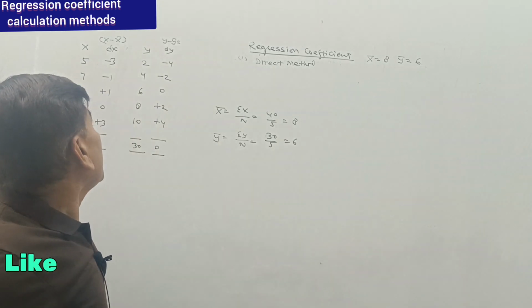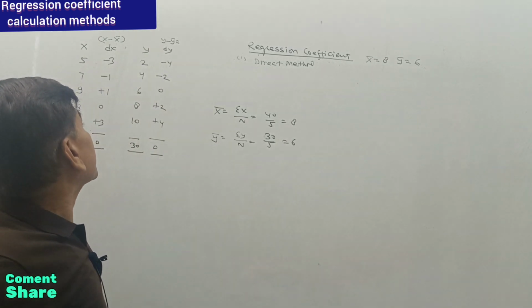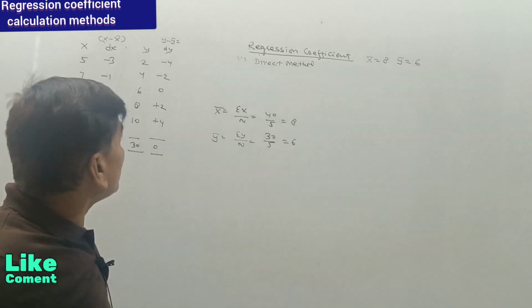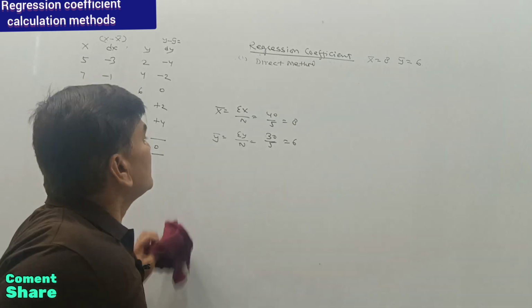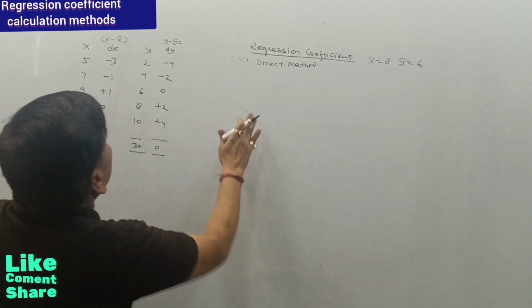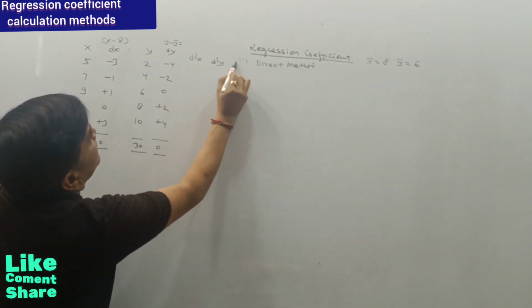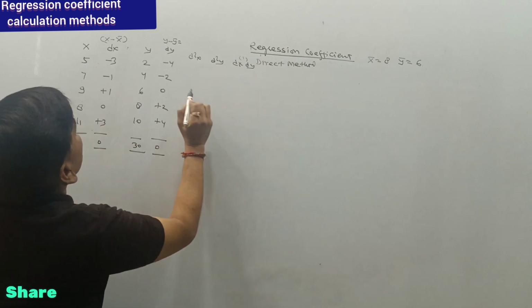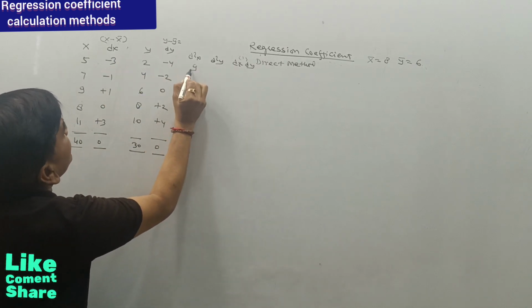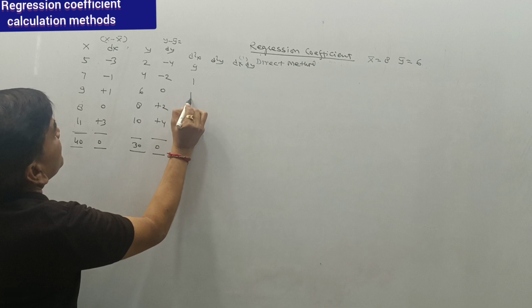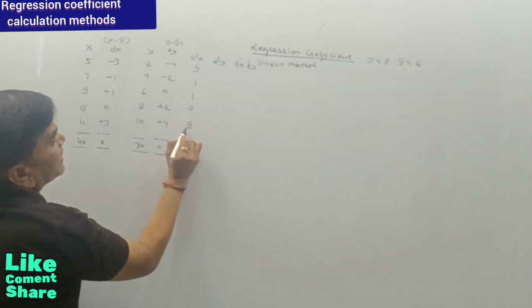Now we have calculated dx and dy. Now we get dx square, dy square and dx dy. For dx square: 3 threes are 9, 1 one is 1, 0, 1, 9.